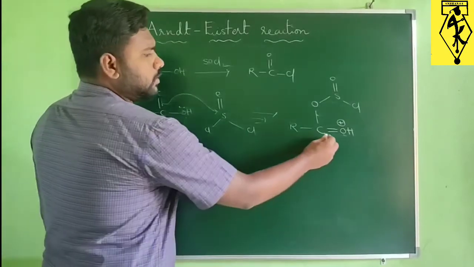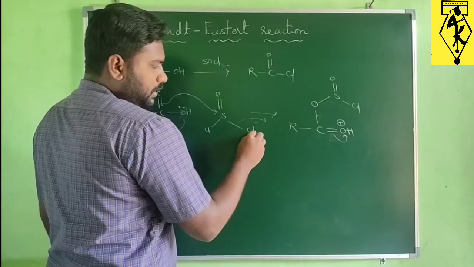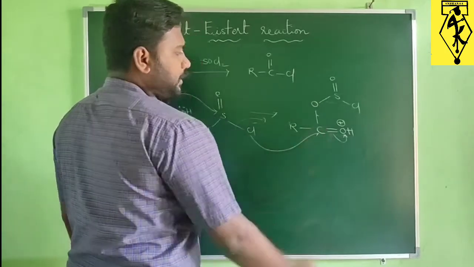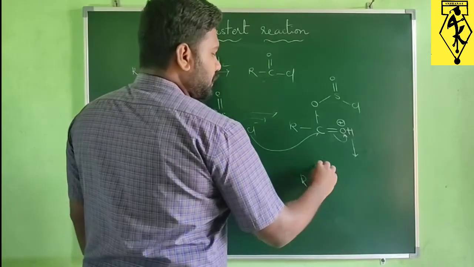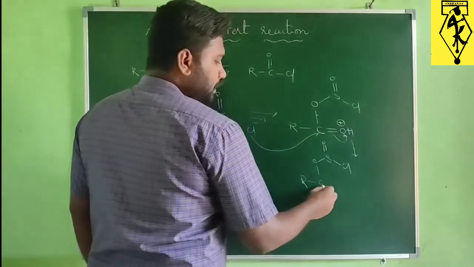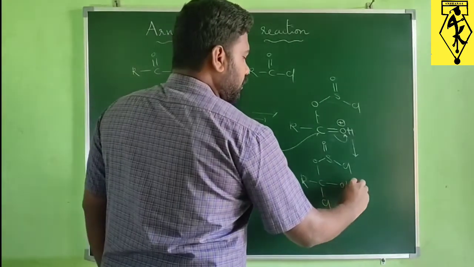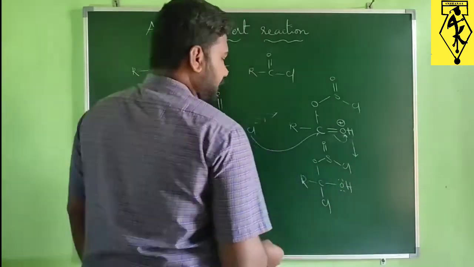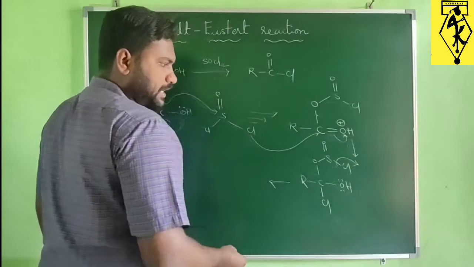So now again this oxygen will take back the double bond, because the Cl is going to attack on that carbon. This will result in R-C double bond O with Cl, and this carbon is now connected with chlorine and OH. In the next step this Cl elimination takes place.